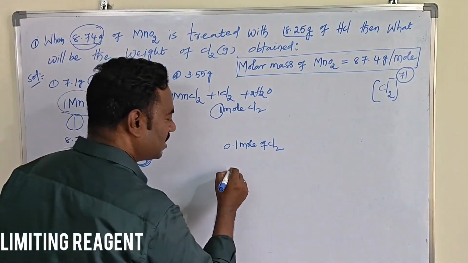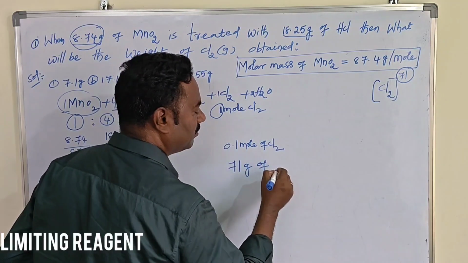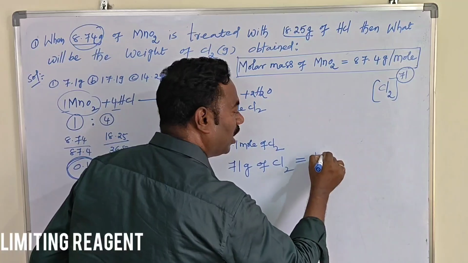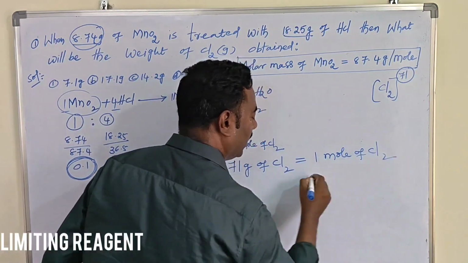That means 71 grams of Cl2 is equal to 1 mole of Cl2.